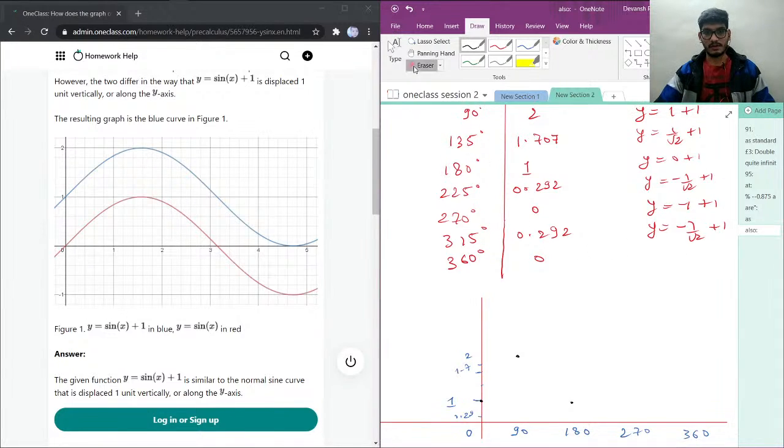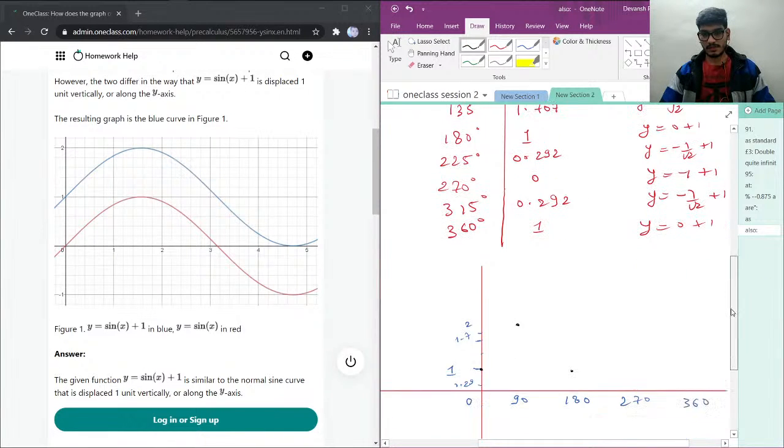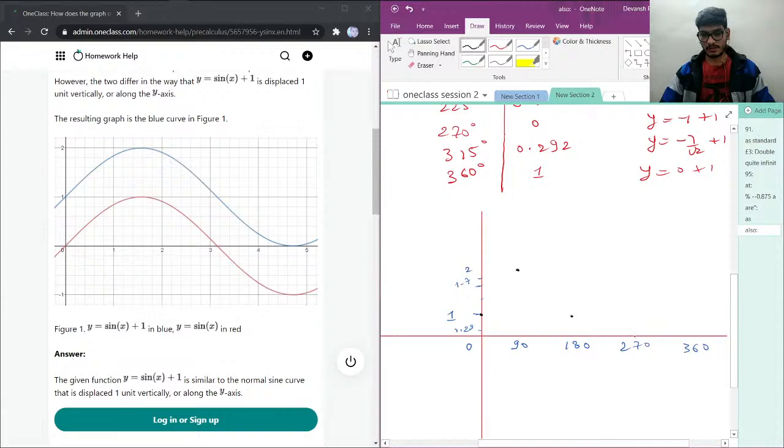For 360 this should be 1, not 0, because it was 0 plus 1. So for 270, 0, and for 360 we have 1.